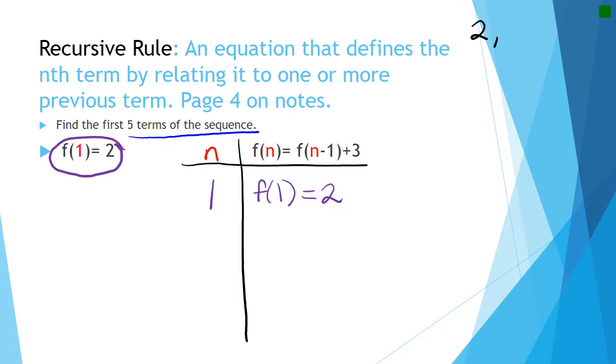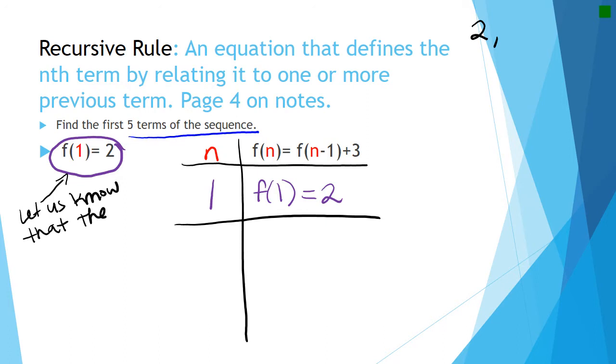We did not need to use the equation at all because this lets us know that the first term is 2. So the first number in the sequence is 2. We don't have to look for it. That's where we're going to start.